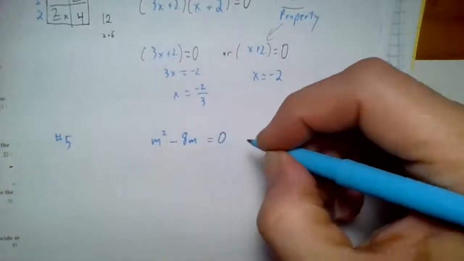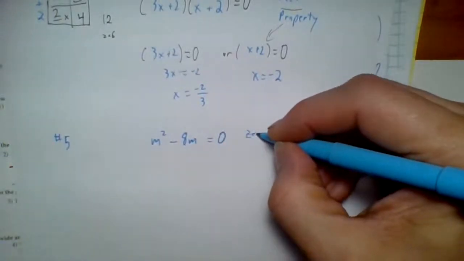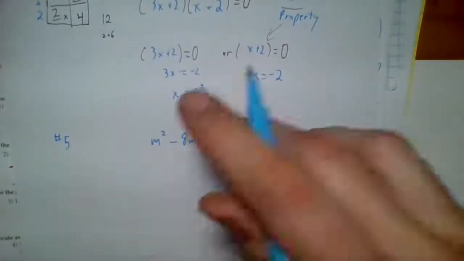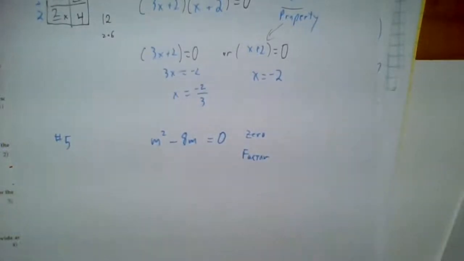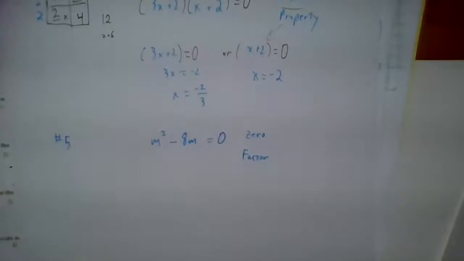This one starts off with the 0 already in place. So it's like my 0 step was already done. I'm ready to factor on this. Got some text there about how to write the answers, but they're just numbers here. There's nothing complicated about that.